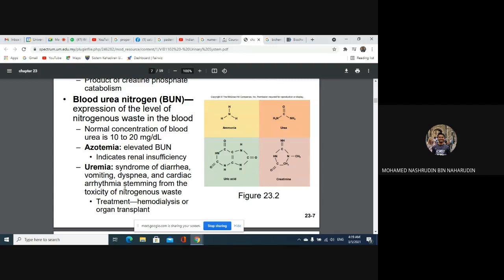So the only treatment, when the kidney is no longer efficient in doing certain tasks, is that the person has to undergo hemodialysis, or to some extent, if you can get a donor, that's where you have to do an organ transplant.